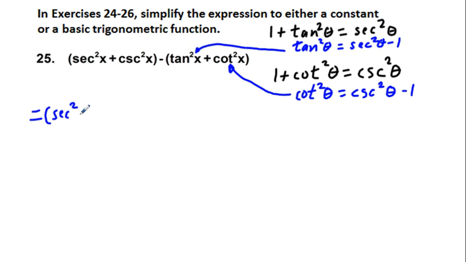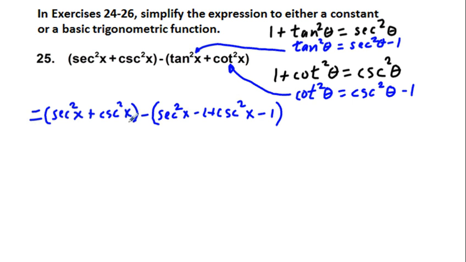we have secant squared x plus cosecant squared x minus, and replacing tangent squared x with secant squared x minus 1, and next we're going to replace cotangent squared x with, and we have to add between those because that's plus, right? Plus CSC squared x minus 1.